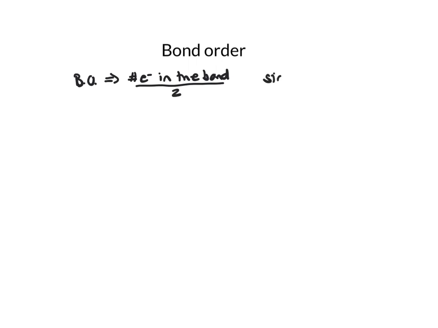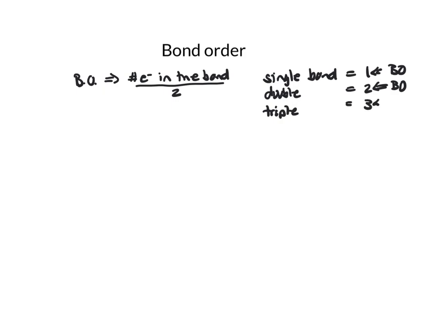So a single bond has a bond order of 1. It's that simple. A double bond, double, 2, has a bond order of 2. And a triple bond has a bond order of 3. 3 bonds, triple bond, bond order of 3.